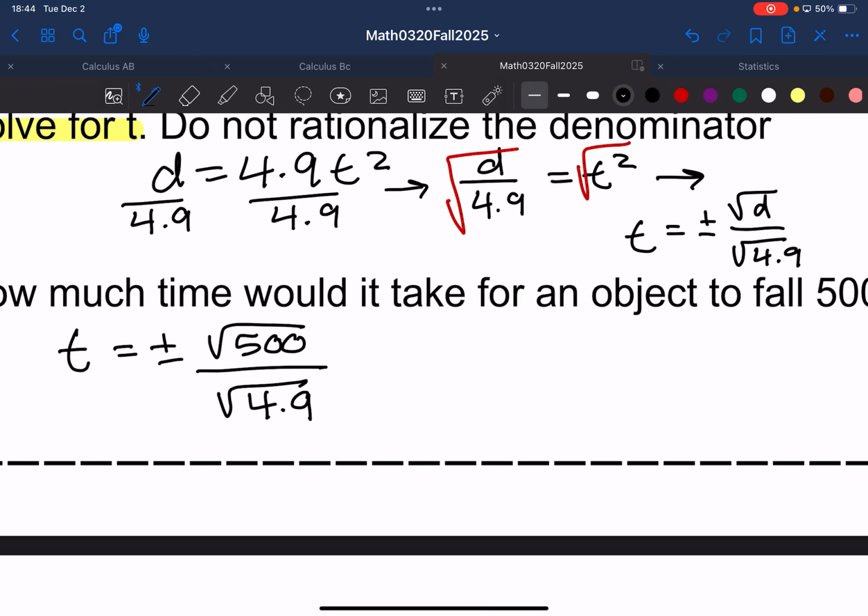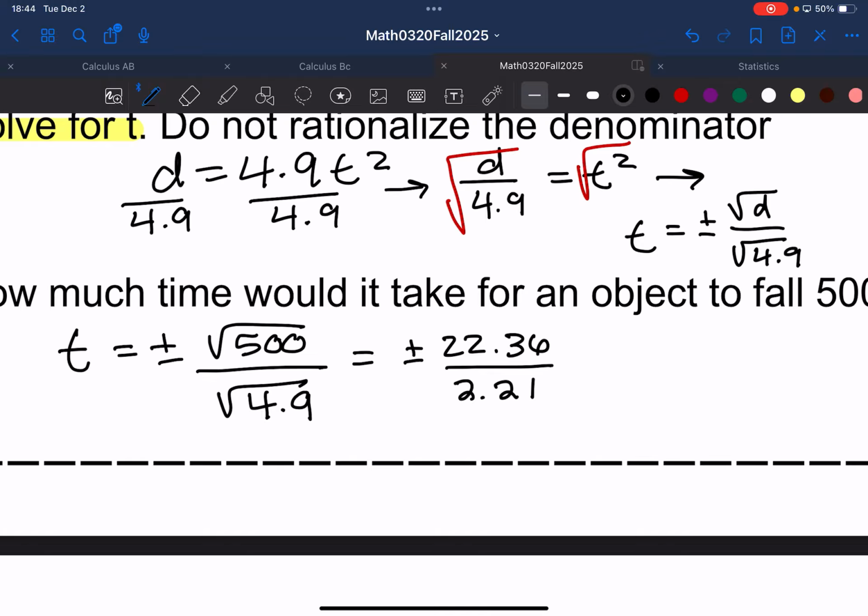So we have the square root of 500, which is 22.36, over the square root of 4.9, which is 2.21. And then I'm going to divide them.